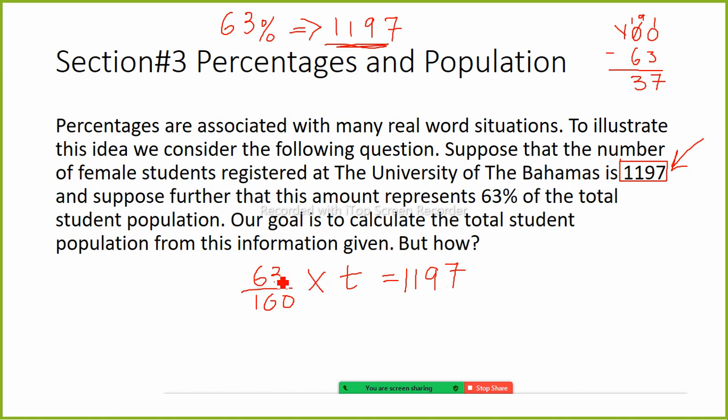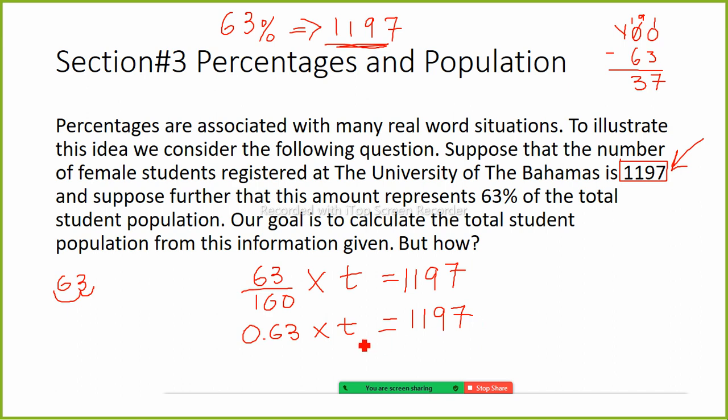So what is 63 divided by 100? You move the decimal point over twice, 1, 2. That's going to be 0.63. Multiplied by t, and this is going to be equal to 1,197.